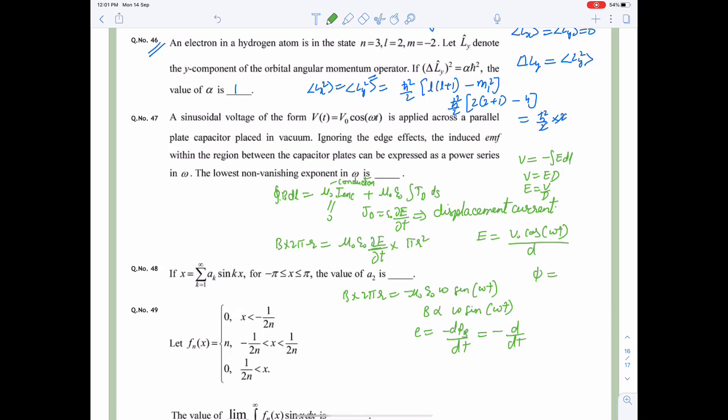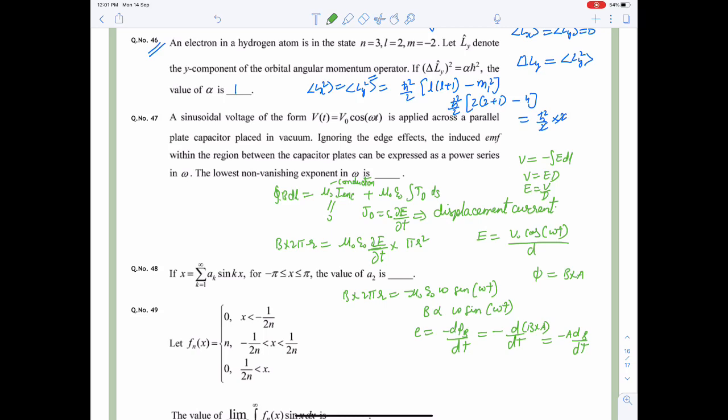Magnetic flux is the magnetic induction into area, so phi is B into A. Here A is constant, B is varying, so you can do minus A dB/dt, or you can also calculate from another formula that I will tell you.